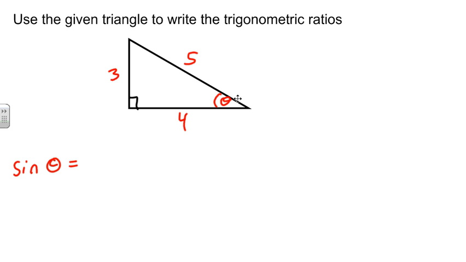Once you have the angle, I like to label the hypotenuse, the adjacent side, and the opposite side. So sine: you gotta remember SOHCAHTOA. Sine is opposite over hypotenuse, so 3 over 5.